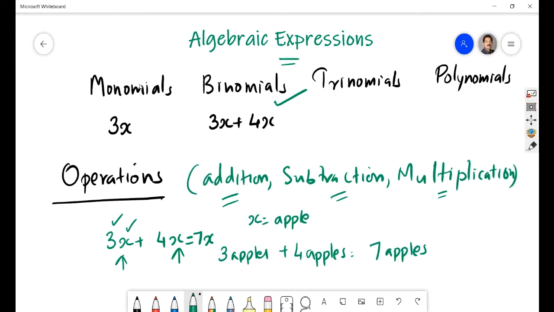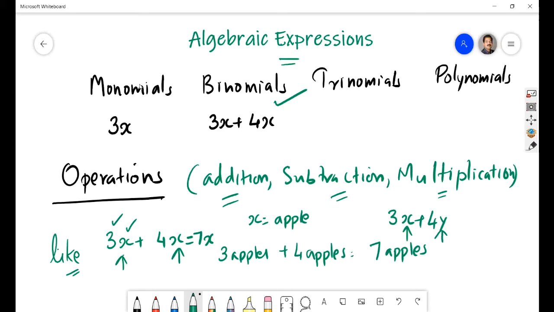The concept is that if it is 3x plus 4y, x can be apples, but y is not apples, it can be mango. We cannot simply add mangoes with apples. So keep this in mind. If they are like terms, you know the concept of like terms from the last video, then we can simply add them.